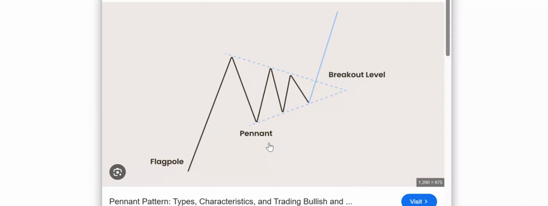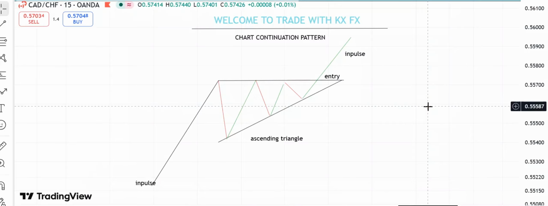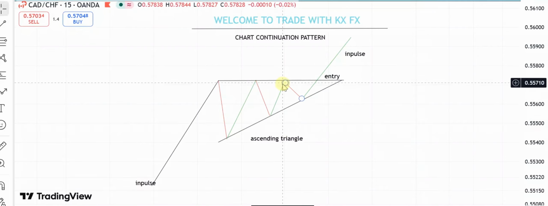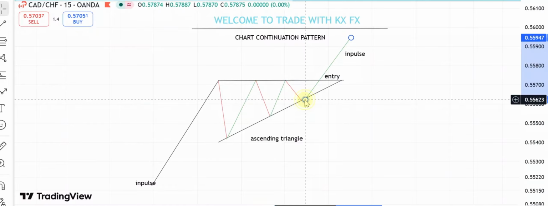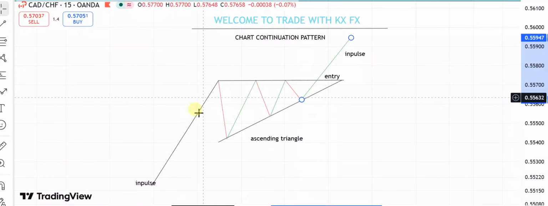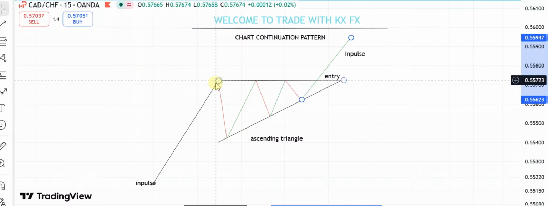And number 3, we have the ascending triangle. It's almost the same thing that happened in the previous continuation pattern, but on a different formation, a different pattern. This is an ascending triangle. This is an impulse move.